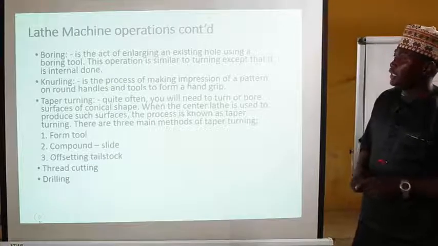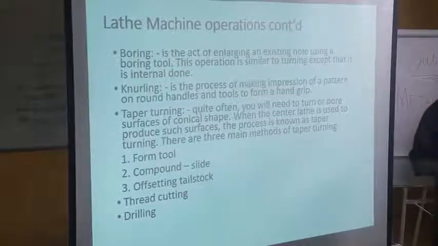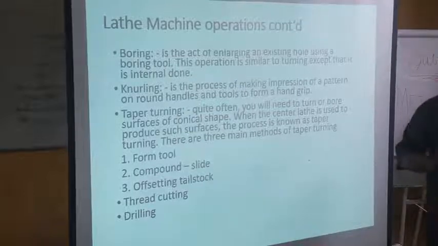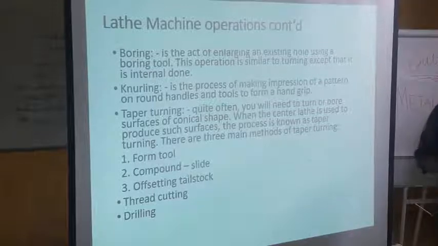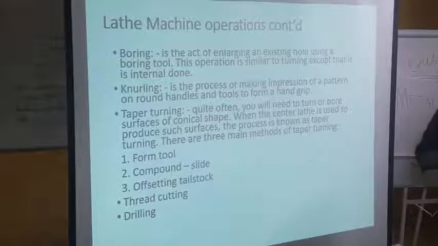The next one is knurling. Knurling, as an operation on the center lathe, is making an impression. Making an impression in this context means there are tools that we use in engineering that sometimes you need to have a firm grip of while operating, either loosening or tightening a particular nut or screw.